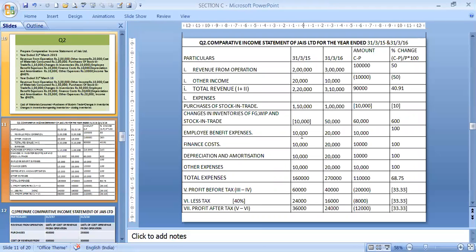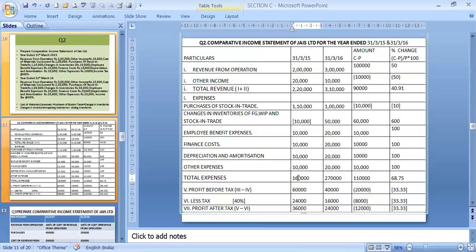Total expenses is 1 lakh 40,000 in this year.